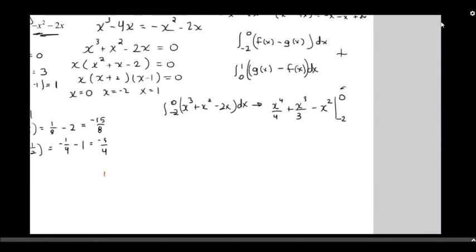So you do the upper bound here first, the 0. So that's going to be 0 to the fourth over 4 plus 0 to the third over 3 minus 0 squared. So that's the antiderivative of the upper bound. Now we subtract the antiderivative of the lower bound.